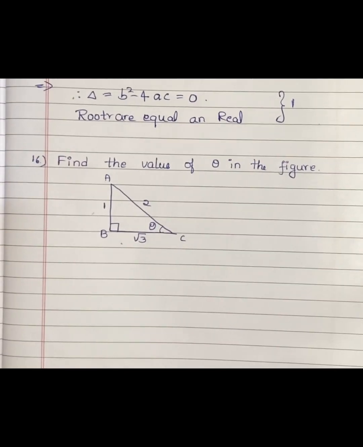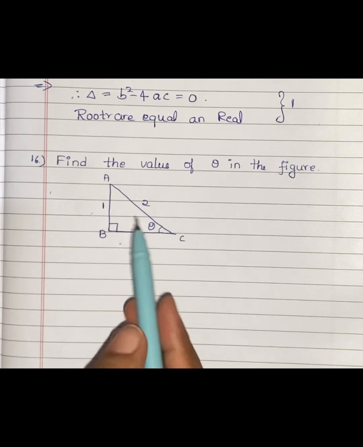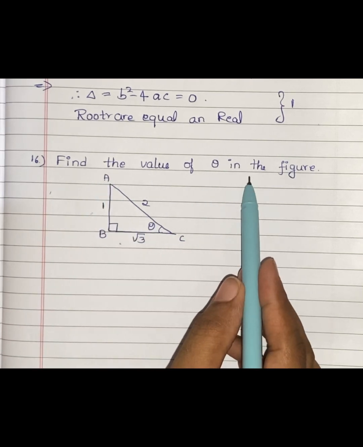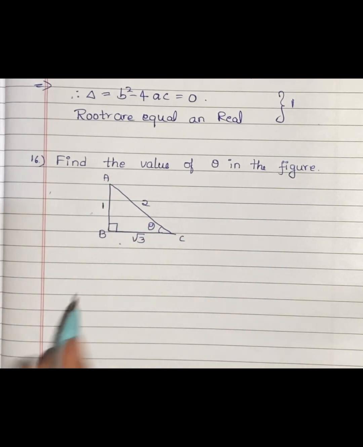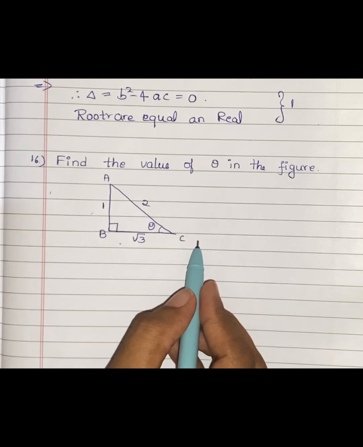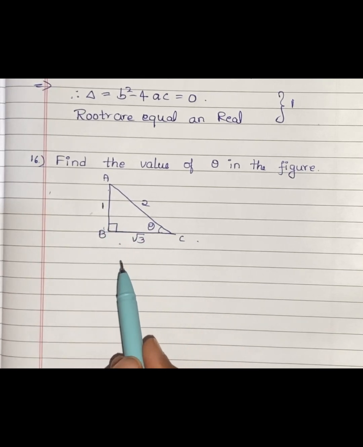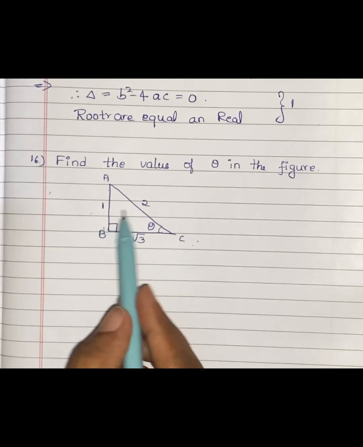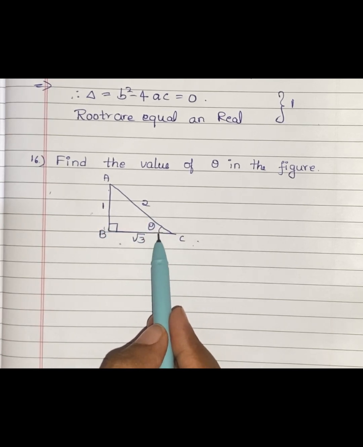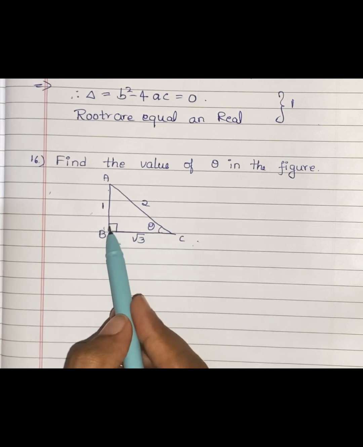Moving on to the 16th question. Find the value of theta in the figure. They have given a triangle here, named A, B and C. The value is given, and here it is theta, and this is 90 degrees.